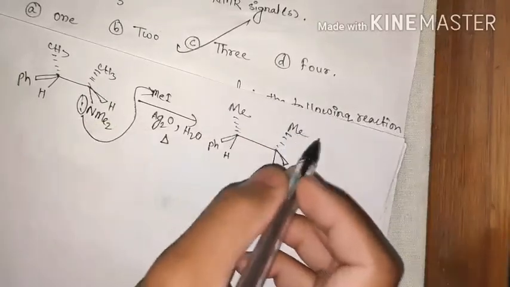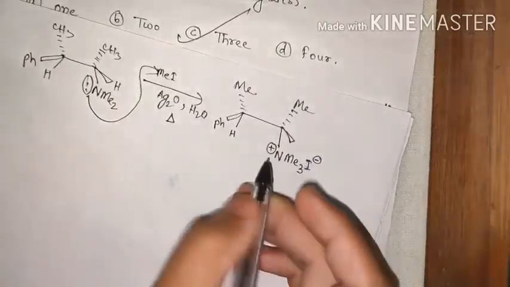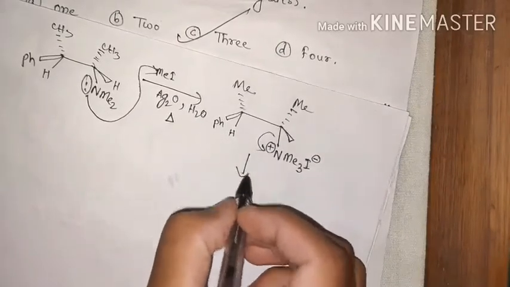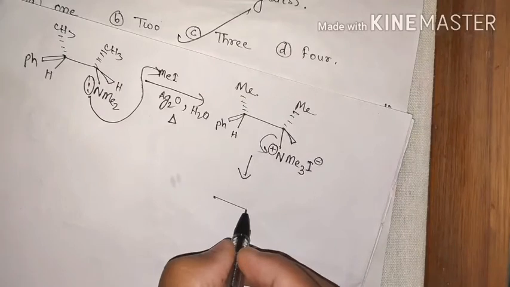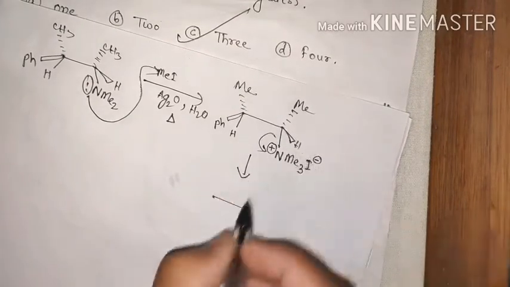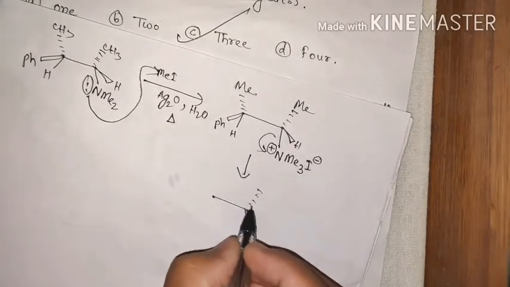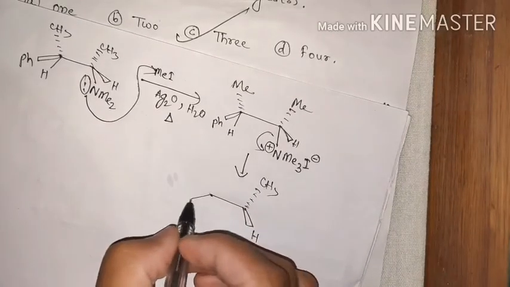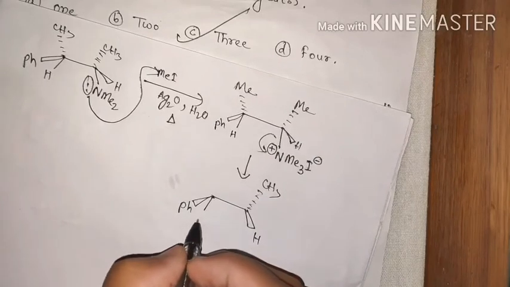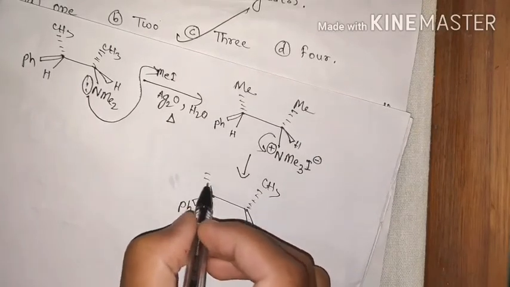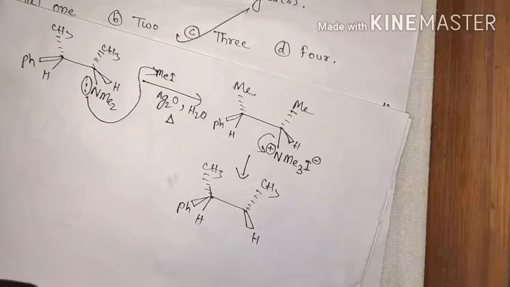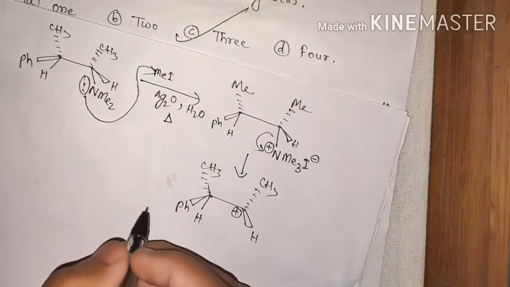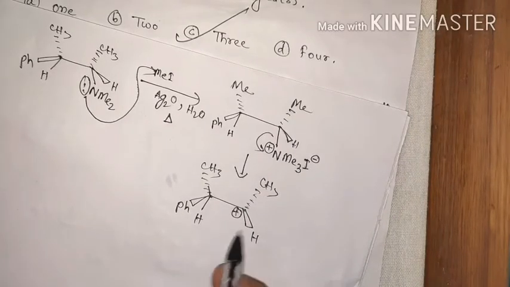CH3 means methyl, so I'm just writing Me. Now nitrogen will take this bond, so this will become positive.